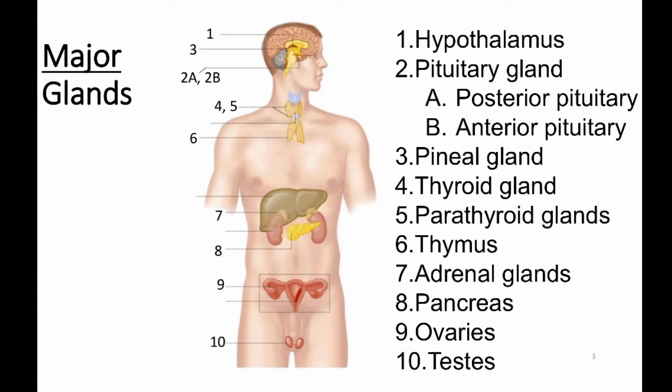So we're going to start with the hypothalamus, which we've already briefly talked about, and which is right in here. It's almost impossible to see in this. And go all the way through the gonads. So we're going to go top to bottom.